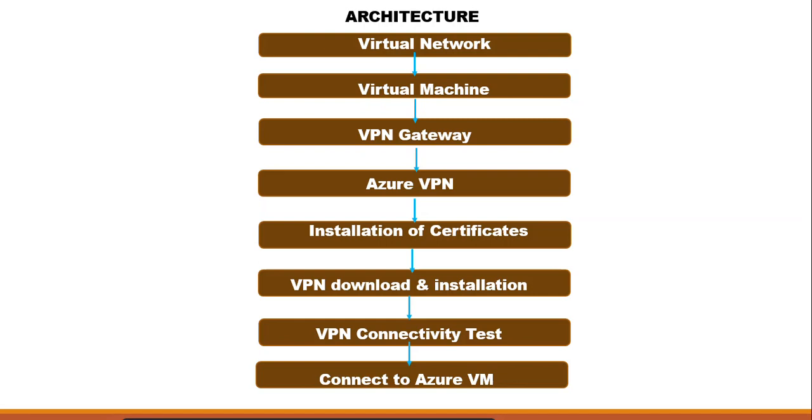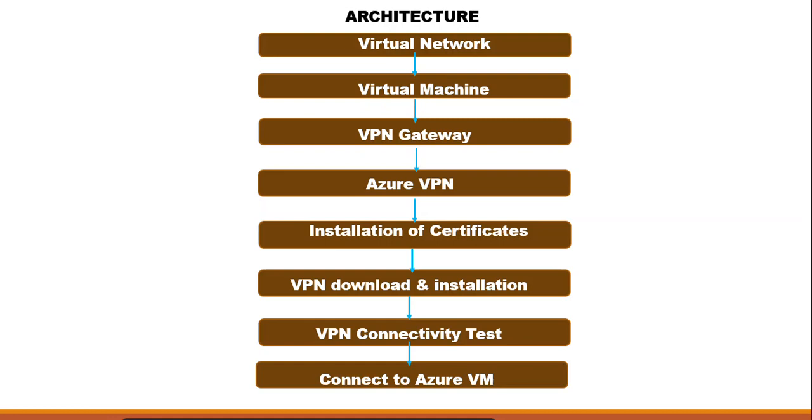After that, we'll run a connectivity test, and after the connectivity test, we'll then connect to our Azure virtual machine, and I'm going to show you how we can connect to it without the public IP address, making our environment more secure than the conventional way of using a public IP address.